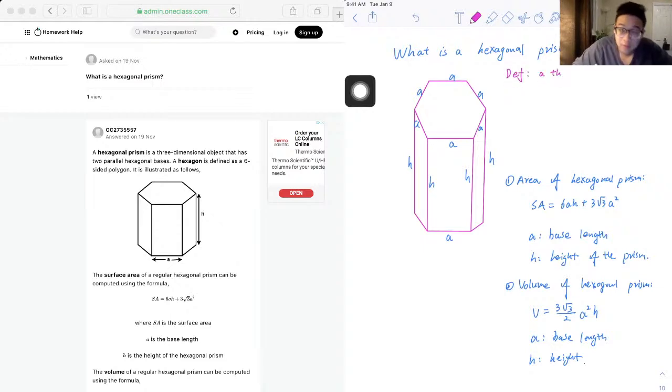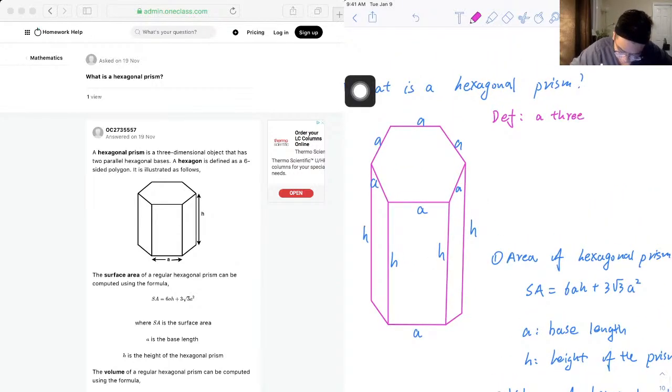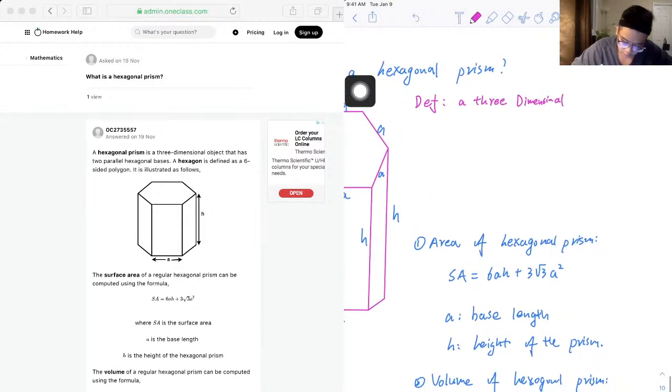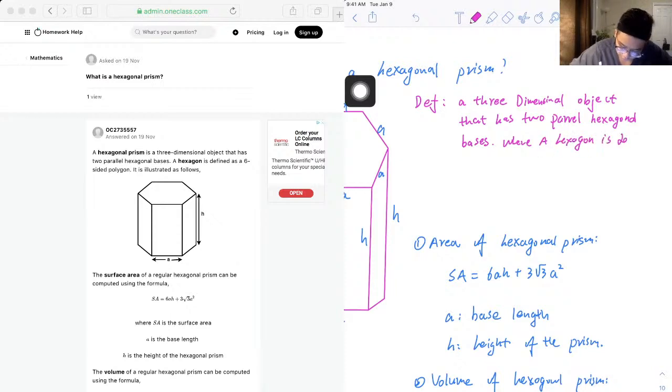It is a three-dimensional object that has two parallel hexagonal bases, where a hexagon is defined as a six-sided polygon.